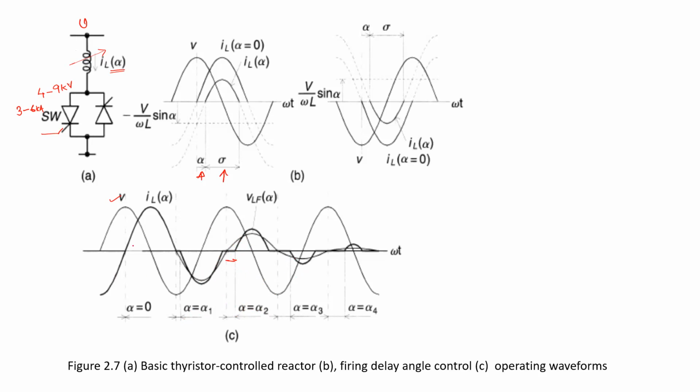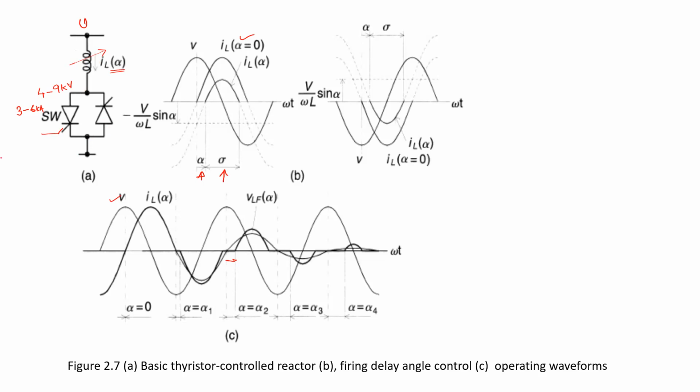So we found that by increasing the angle, the amount of current decreases. So this is the control over the reactor value by proper firing of the thyristor valve. This is the case for the thyristor controlled reactor.